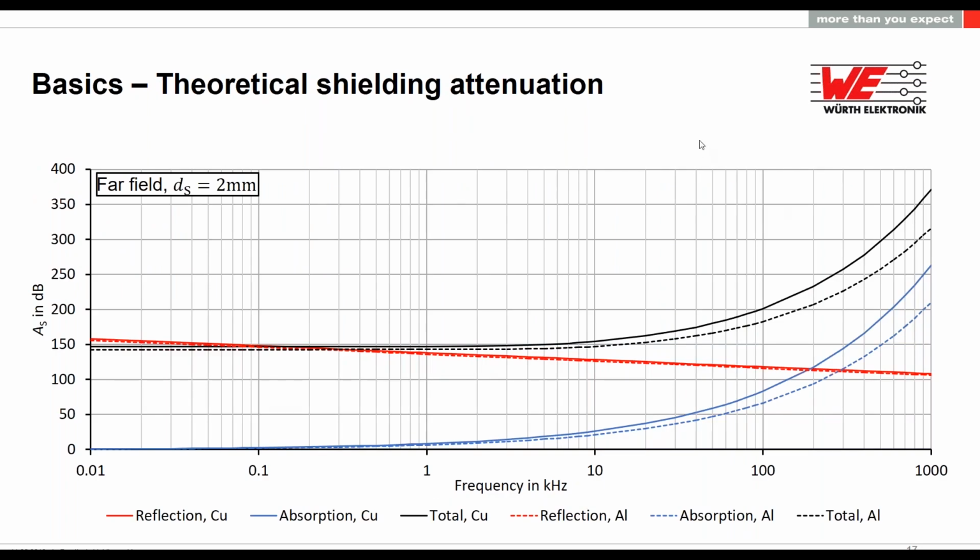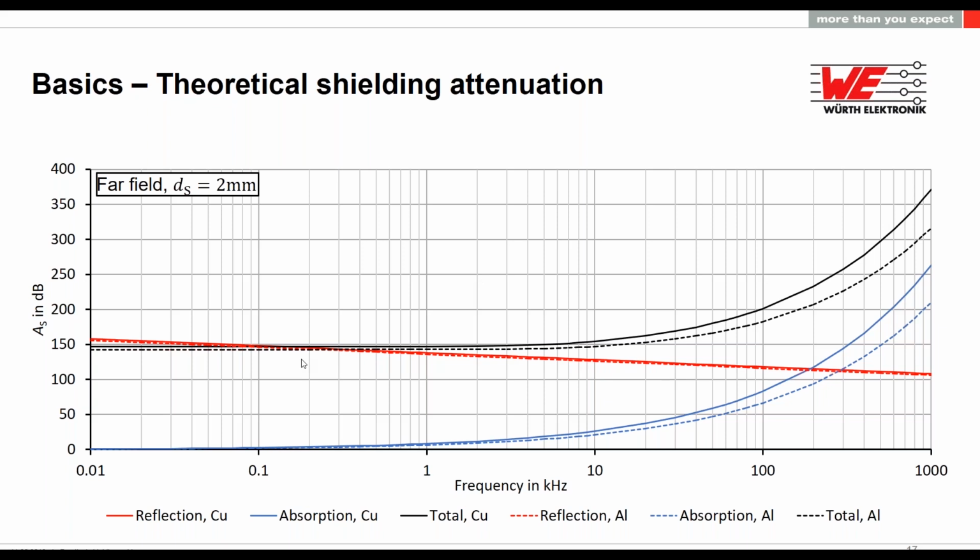This is a graph of a calculation of the attenuation that you can achieve depending on the material. So we have copper and aluminum. We divided the graph into reflection and absorption ability. Also here we have the total. We'll see later that this is related to the two parts of the permeability.